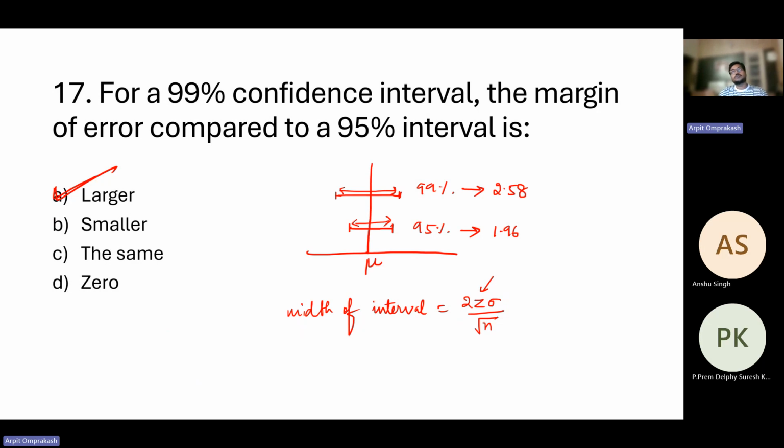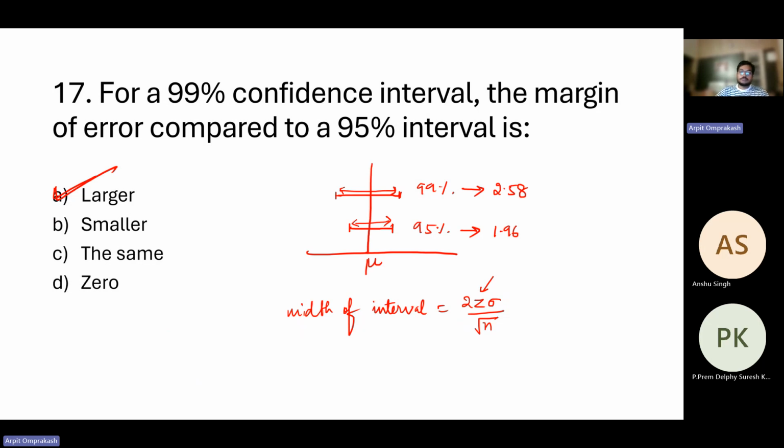Another way to think about it is that if you want to say with a higher level of confidence that your mean lies within a certain range, then the range that you will take will be larger than the range that you take if you are okay with being less certain, right?